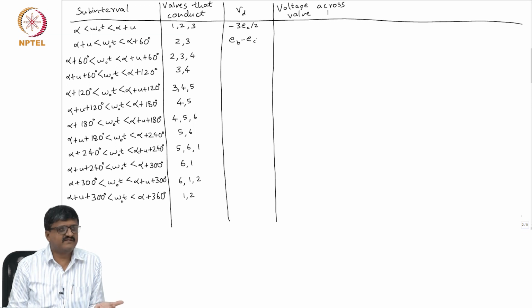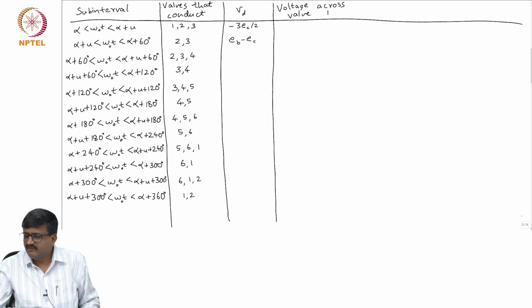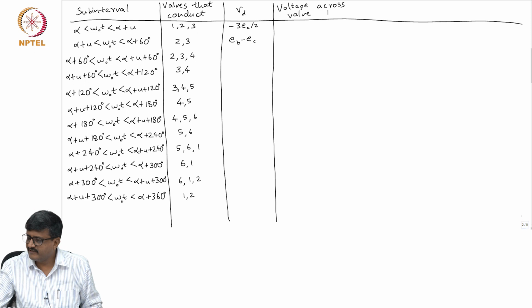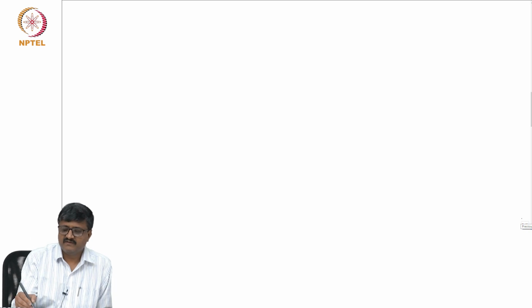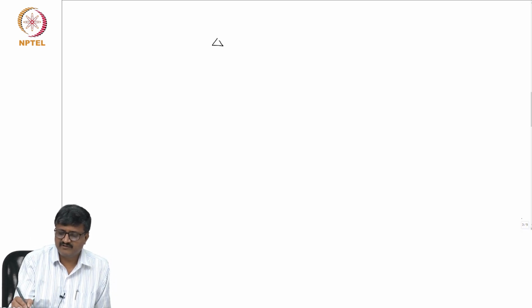So, let us try to fill this column. First of all, we will fill the rows which are easy to do. For the sake of that, let me just take the circuit of the converter.